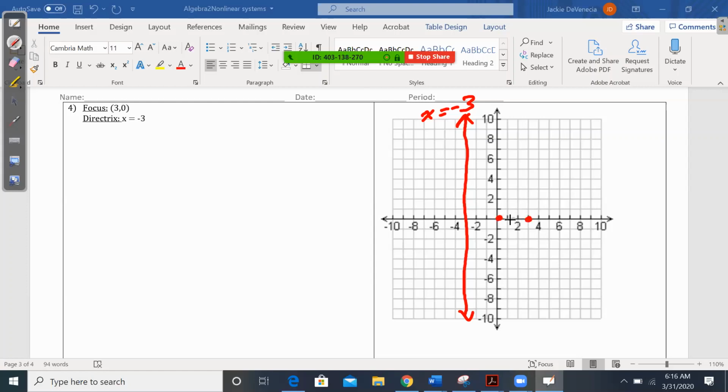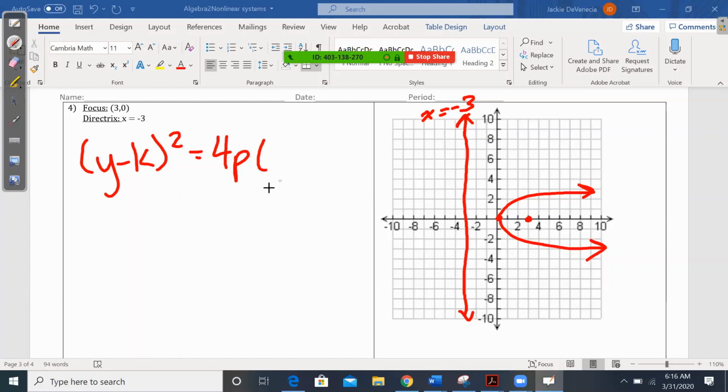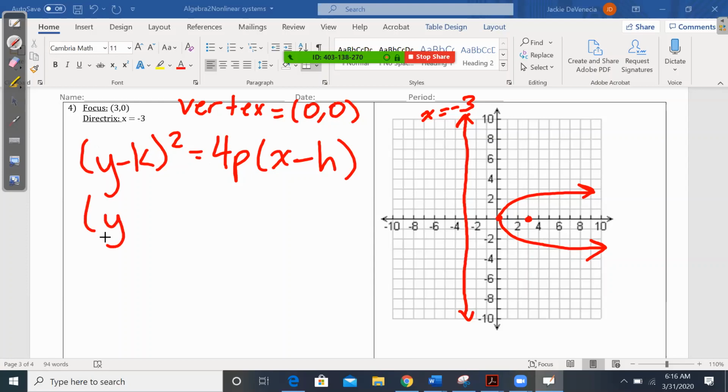And because my focus is on this side, again, it's facing the right side. So over here, I'm going to use this equation because this is the vertex form of a graph that's facing sideways, to the right. And because my vertex, I found it, is (0, 0), I'm going to replace all of it.